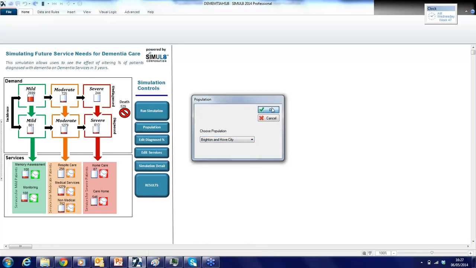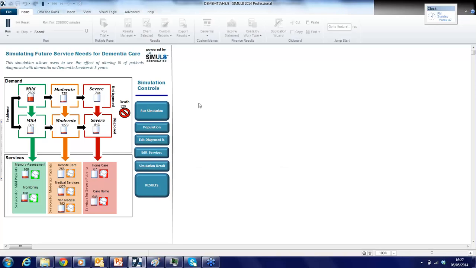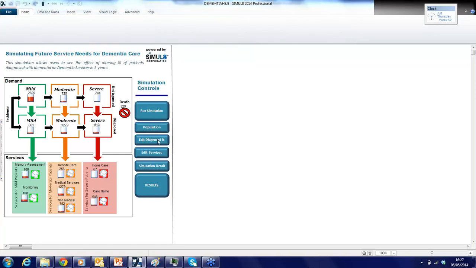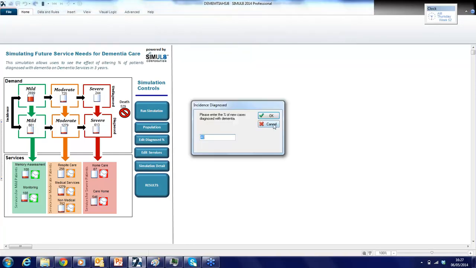And one of the questions that people have often wanted to ask about dementia care is what happens if we diagnose people at an earlier stage of dementia and we start treating them. It's going to cost more. It's maybe going to be a difficult thing for the families and the people themselves to reconcile.